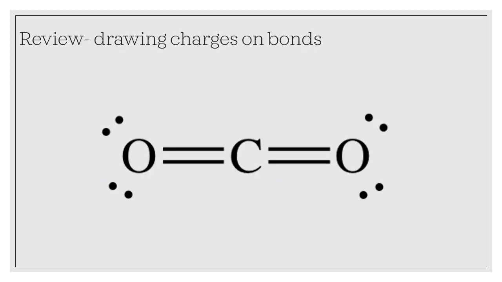Now, once you determine what type of bond it is, if it's a polar bond, we have to draw charges on it, but that's only for polar bonds, not nonpolar. And so below I have the Lewis structure for CO2. It's already drawn to save time.